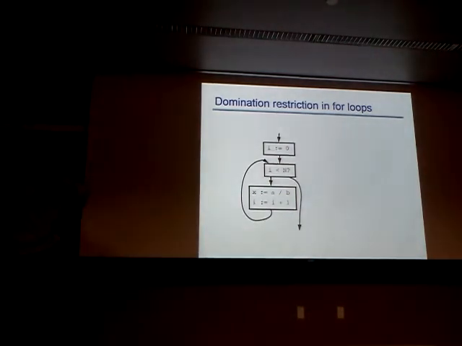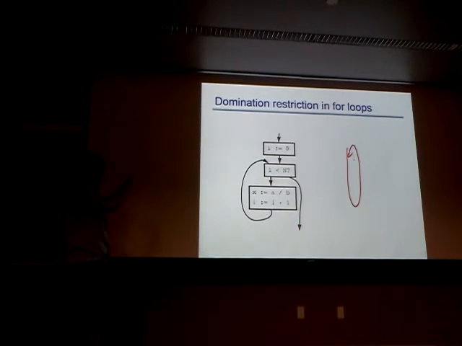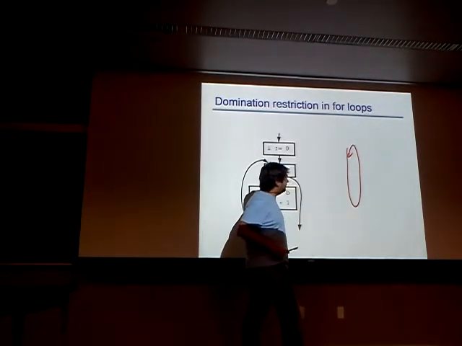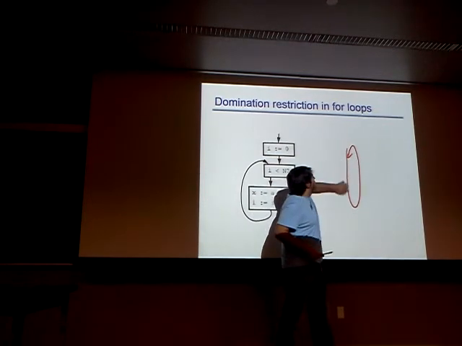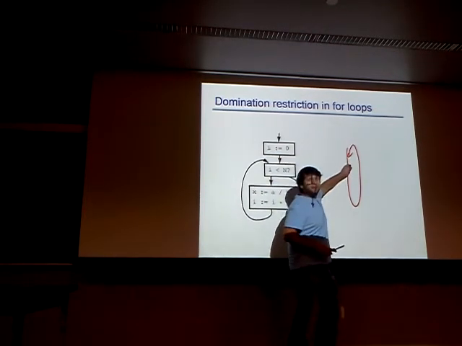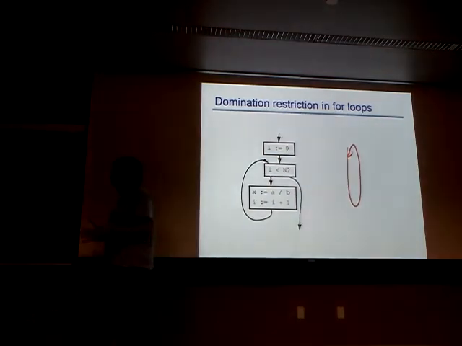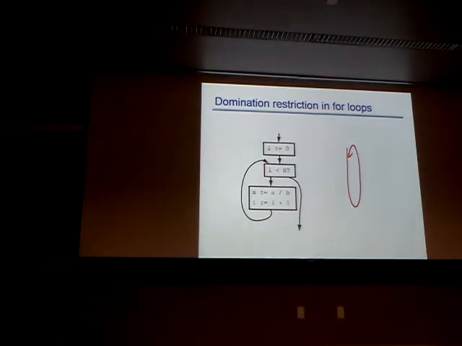But there is another kind of loop: a do while loop. In a do while loop, everything gets executed at least once. Which is great. Then all these statements here, if they are loop invariant, I can pull them out of the loop because they would have gotten executed once. So it's really simple.